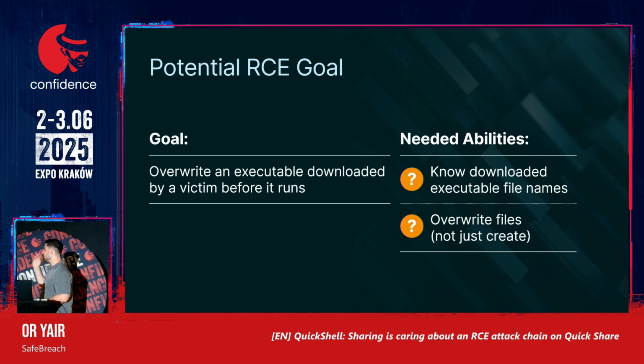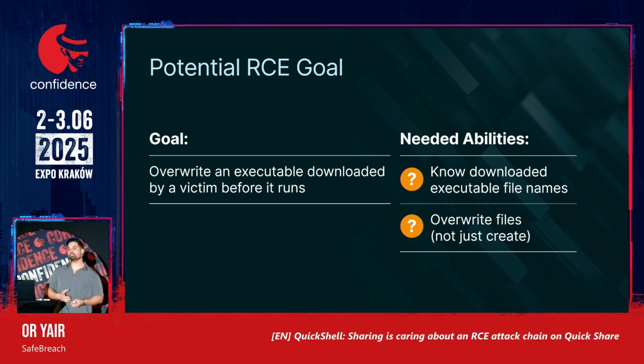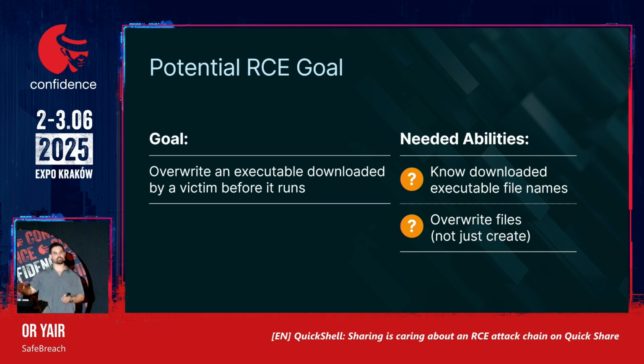In order to do something like that, we'll need to first be able to leverage the man-in-the-middle technique in order to detect names of executables that are downloaded, and we'll also need to somehow escalate our ability to create files in the victim's downloads folder to overriding files in that folder. If we could do that, then we'll be able to run code.